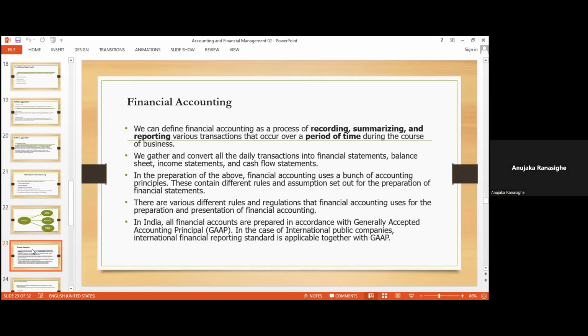In India, all financial accounts are prepared in accordance with generally accepted accounting principles. Sri Lanka is also the same. In the case of international public companies, international financial reporting standards are applicable together with.